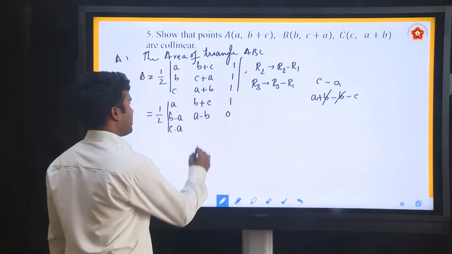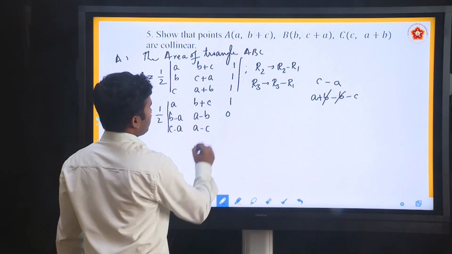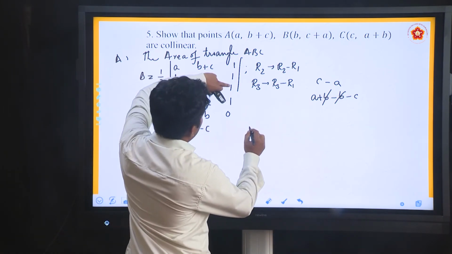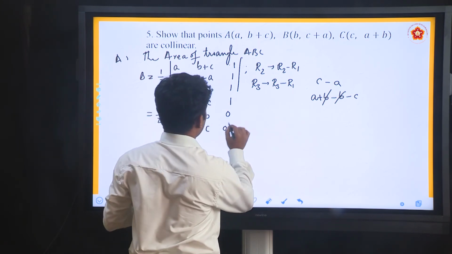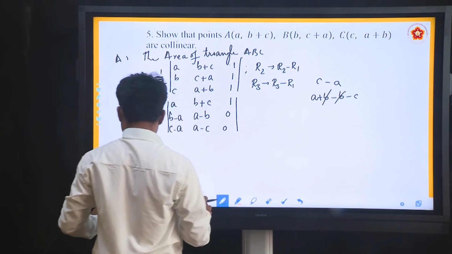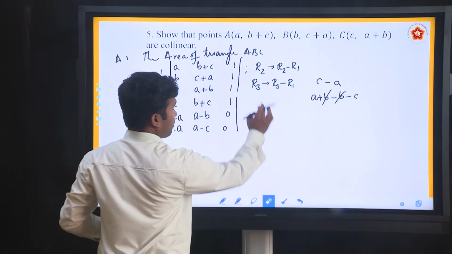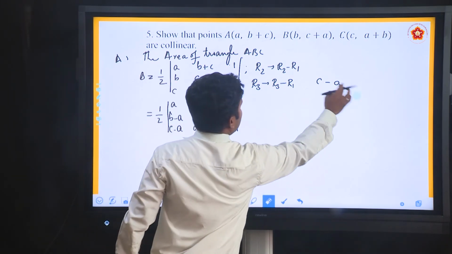You are left with A minus C. And what about this? R3 is 1, the corresponding element in R1 is 1, 1 minus 1 becomes 0. This is R3 after applying this elementary transformation.